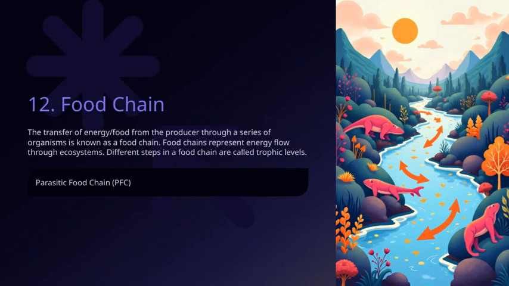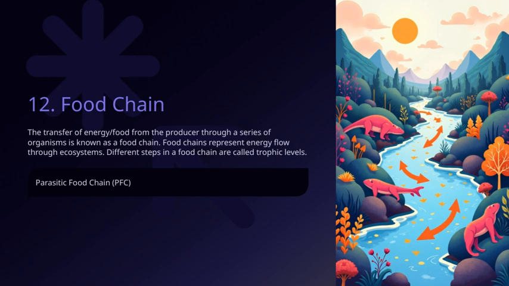Now, let's take a closer look at the parasitic food chain, or PFC. A food chain, in general, describes how energy or food moves from one organism to another, starting with the producer, like plants, and passing through various consumers. It's a way to visualize the flow of energy within an ecosystem. Each step in this chain is called a trophic level, which helps us understand the different roles organisms play in transferring energy.